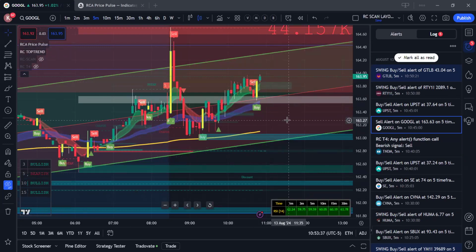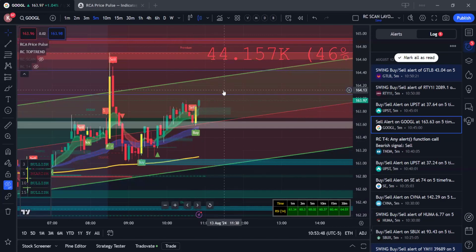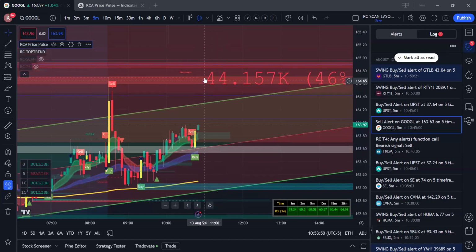Otherwise, this is also a good opportunity. Your swing cloud is blue, day trading is green, everything is green. Most probably it should go and touch the sell order block one more time. Then it can drop.